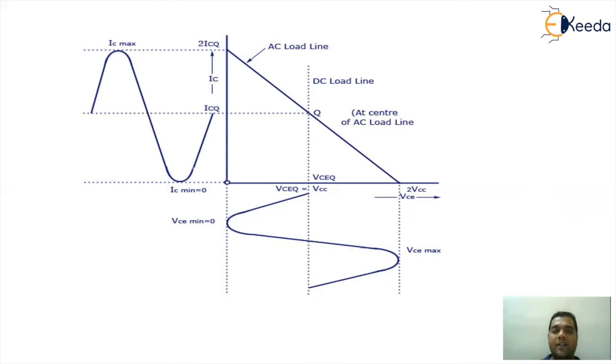On similar lines, with ICQ as the center line, the IC min value under ideal behavior will be 0, and the IC max value will be equal to twice of ICQ. So this is the basic understanding of the load line when you keep the Q point at the center of the load line and study the AC signal behavior for the output.